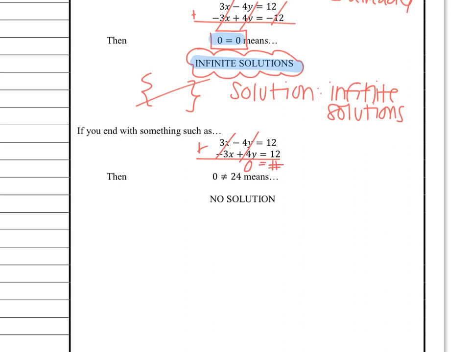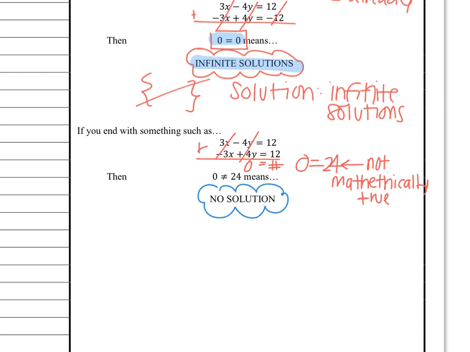So it's not just 0 equals 24, this is not the case in every situation. It's the fact that here we were supposed to say 0 equals 24, but this is not mathematically true. Right? 0 does not, in fact, equal 4. So this is where we would reject it and essentially say that there is no solution.